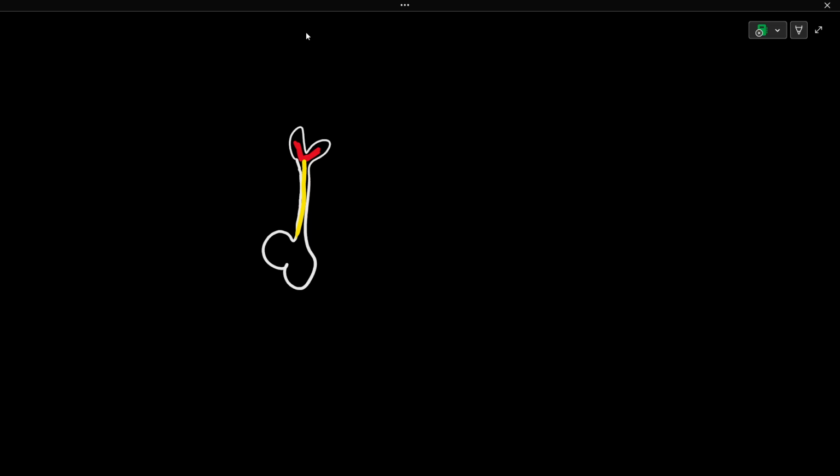The point I wanted to focus on was that bone marrow is present in all bones, but the active hematopoietic sites are few, such as the long bones like the femur.